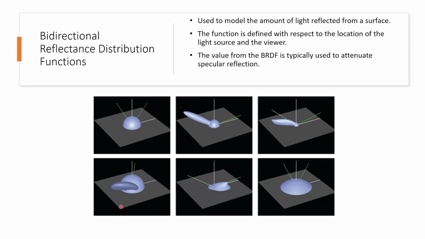And additionally, it allows for a bit of artistic control in stylized applications where they're not going for realism, but they want to add a certain artistic flair to it. They can utilize different shaped BRDFs to change the properties of light reflection for the materials.